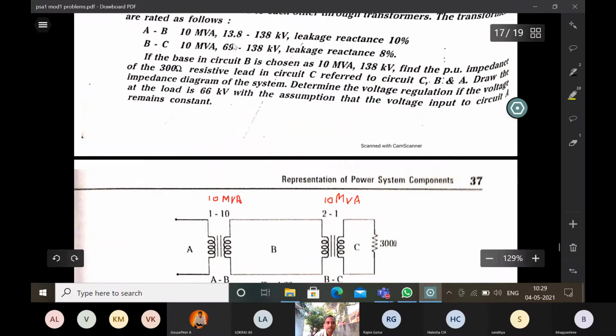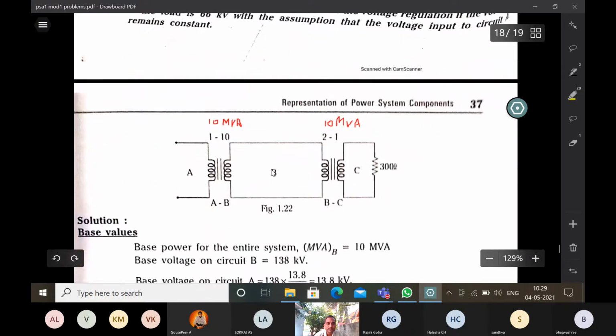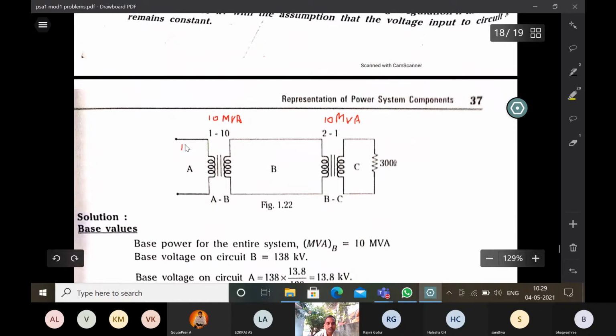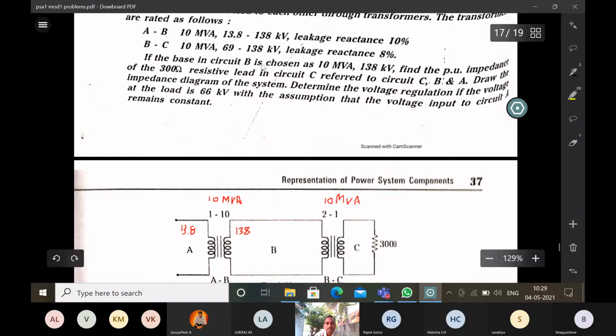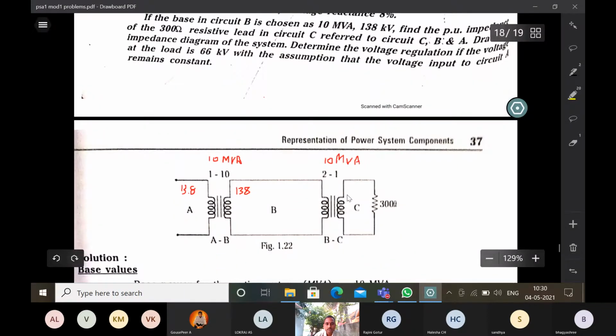And 13.8 kV bar 138 kV. Similarly, the second transformer is 138 and 69. So here the 138 line is there, so similarly it should be 138 itself, and this is 69 kV.